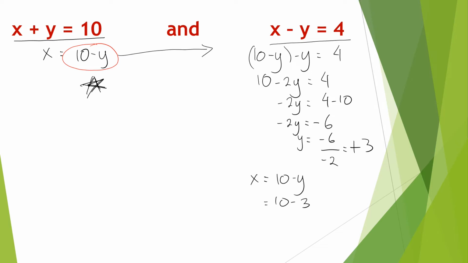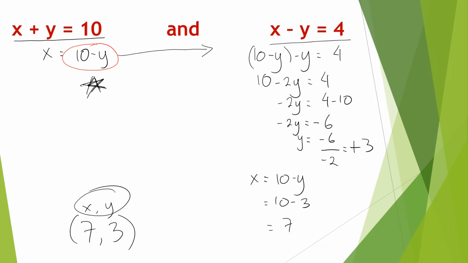So just put 3 here: 10 minus 3 equals 7. So the answer, x and y, is 7 and 3. Yes, it's so fast, faster than the graphical method.